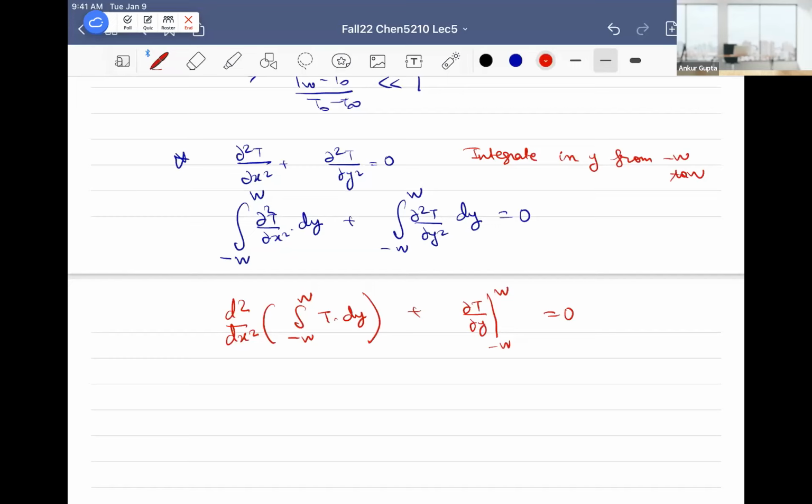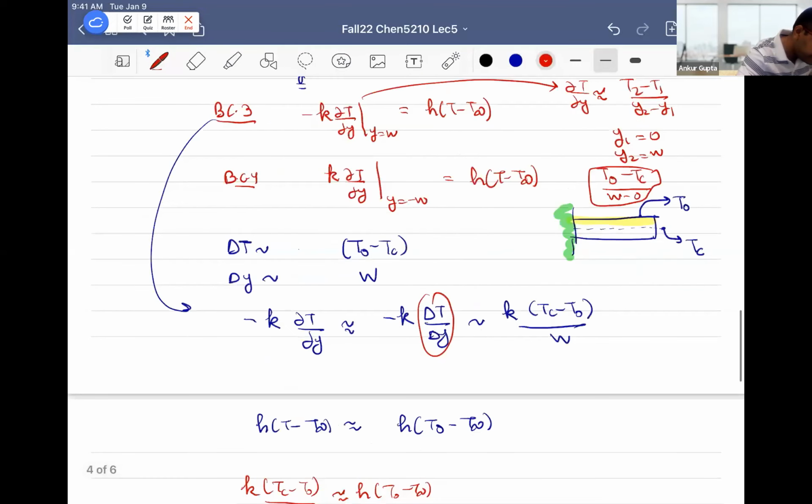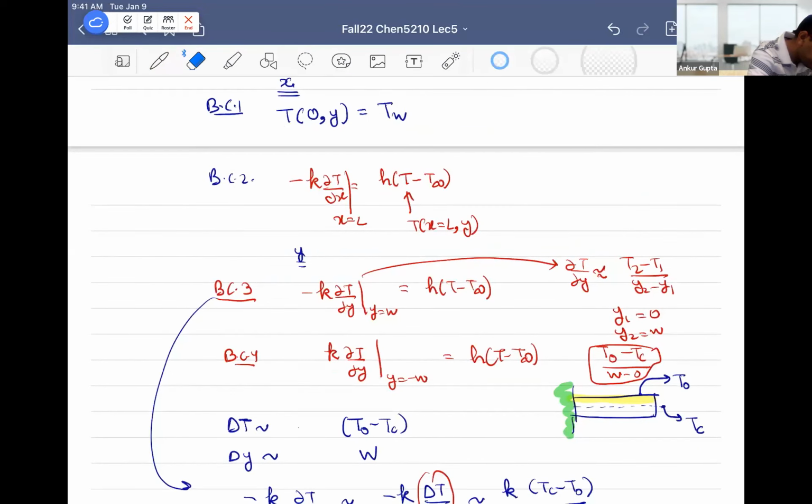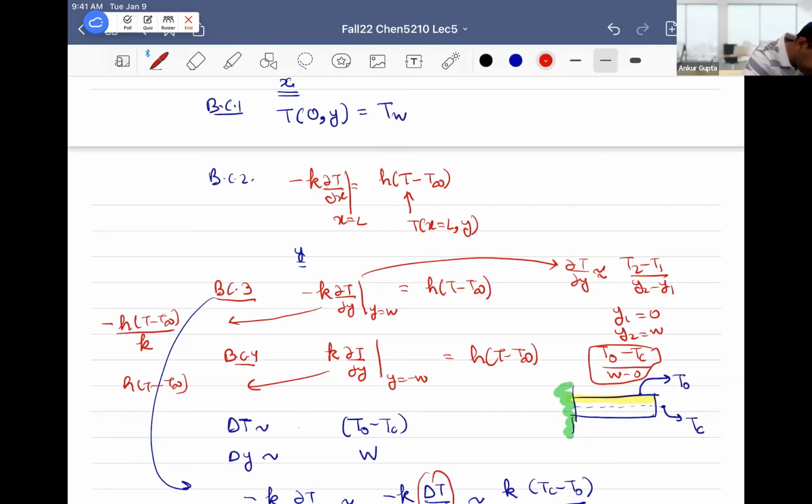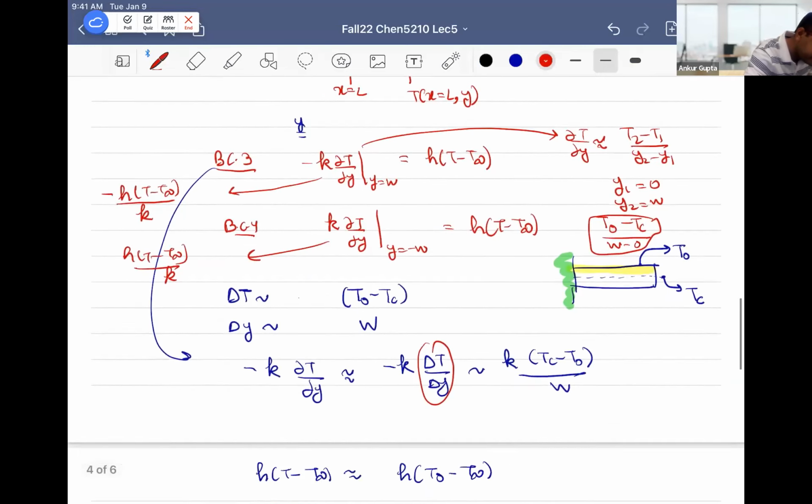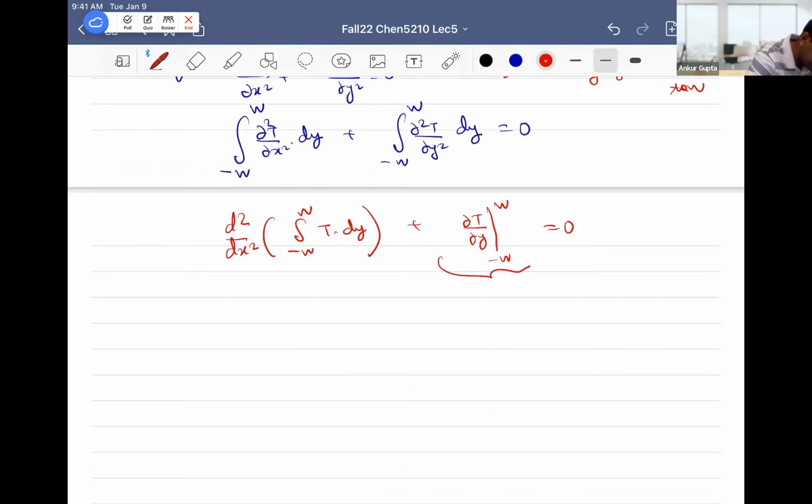Any other questions? Okay, so we do this because I know the value, the boundary condition. I know the value of del T by del y. Boundary condition here: I know that del T by del y at y equal to w is h into T minus T infinity by k. And when I subtract this here, using the boundary condition, I'll get d square T by dx square minus w y.